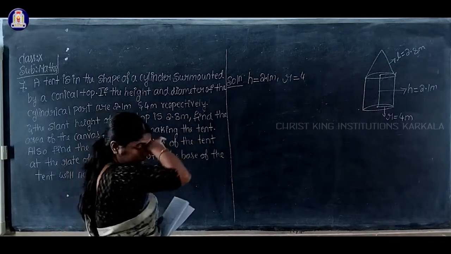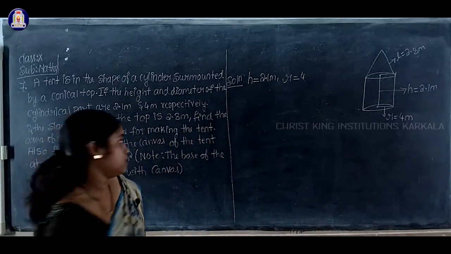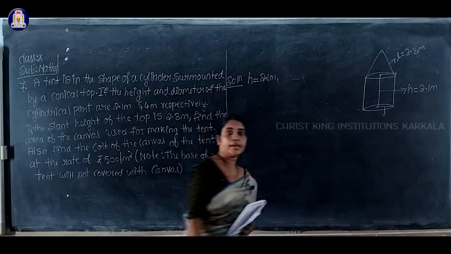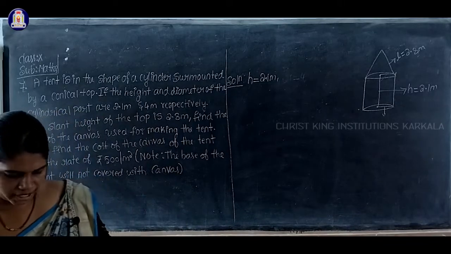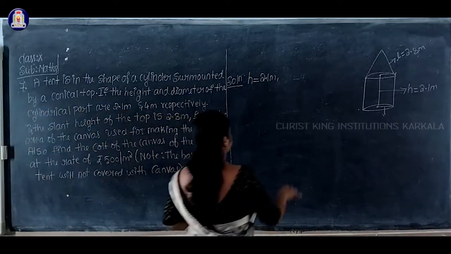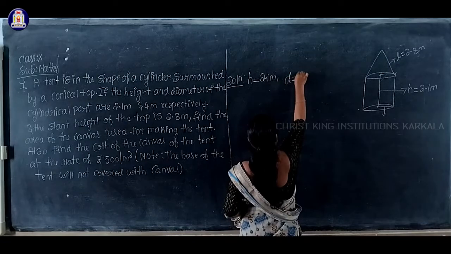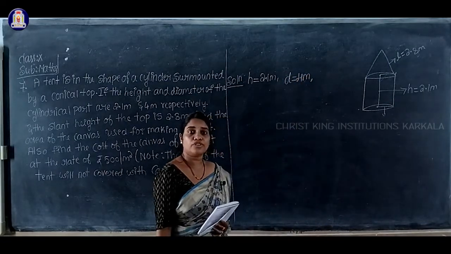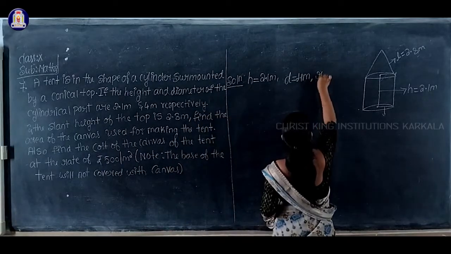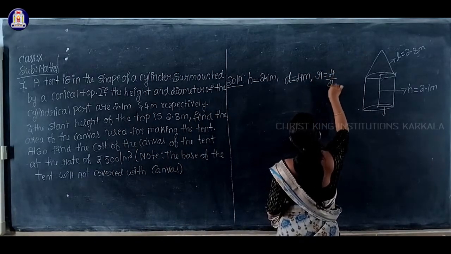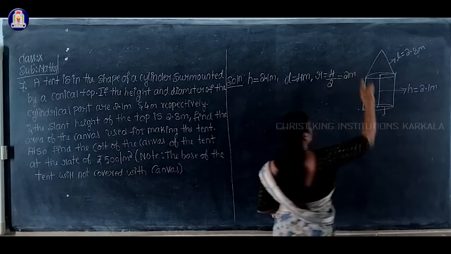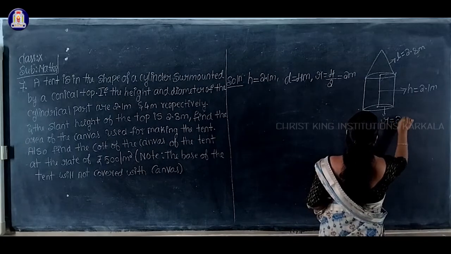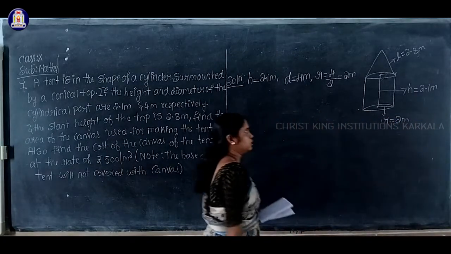Sorry, in the question the diameter value is given, not radius, isn't it? Symbol for the diameter is D, so D is equal to 4 meter. Therefore R is equal to 4 by 2, which is equal to 2 meter. Radius is 2 meter.